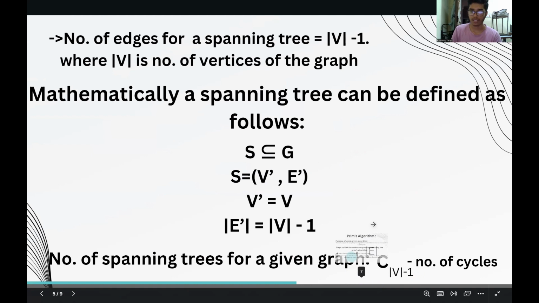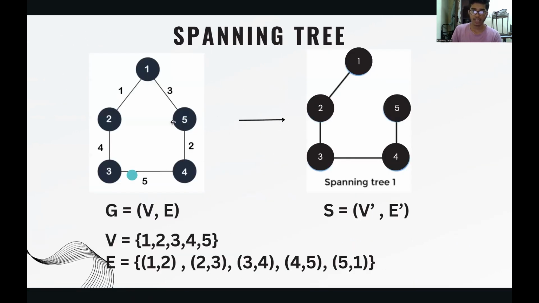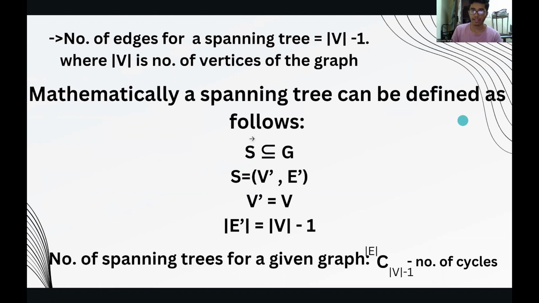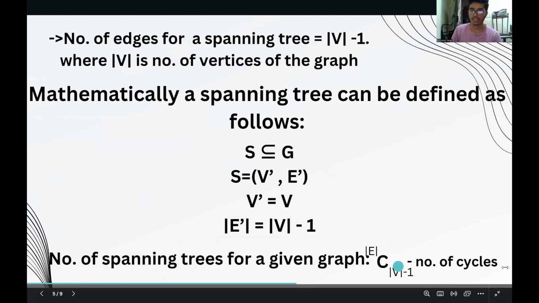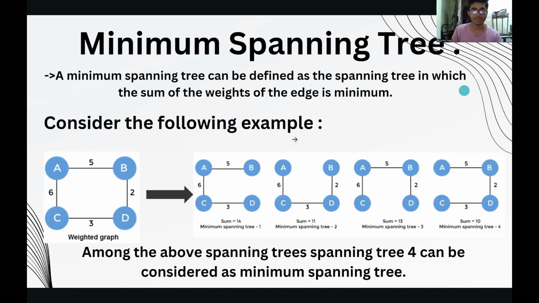The formula that can be used to find the number of spanning trees for a given graph is mod E C mod V minus 1 minus number of cycles. I have taken this example and applied it in this formula and we got the answer 5. 5 spanning trees can be drawn from this graph.